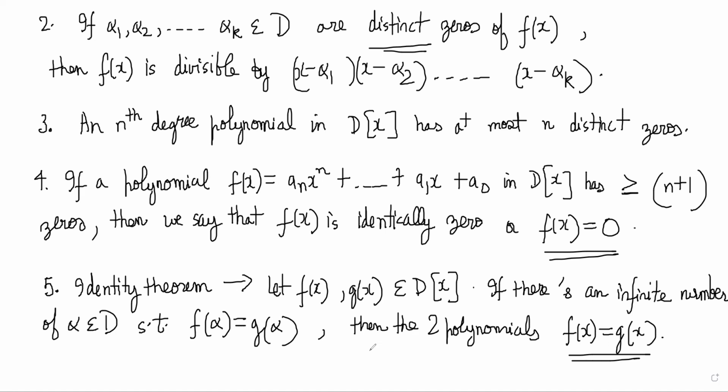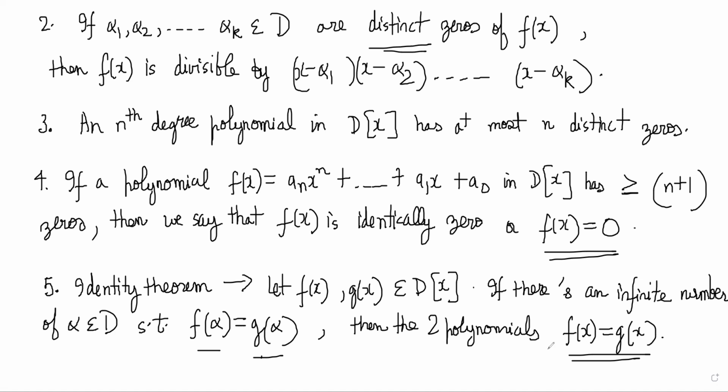Even if the number of alpha is not infinite, but more than the degree of the highest polynomial, more than both their degrees, then also we can say that the two polynomials are identical.